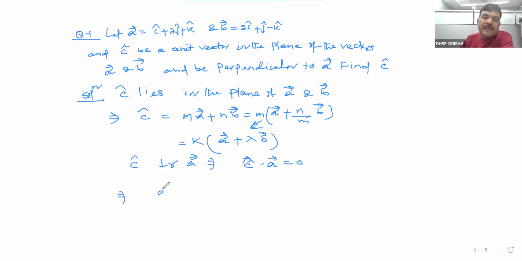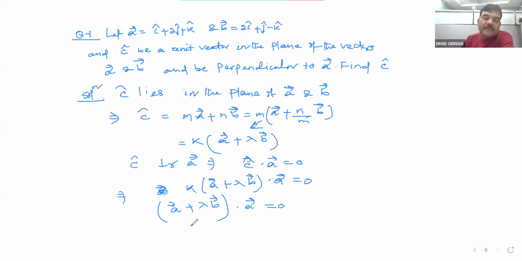Dot product is commutative, so K into A plus lambda B bar dot A bar is equal to 0. Since K is a non-zero constant, we can divide both sides by K, because the left hand side is a scalar quantity. So A plus lambda B dot A is equal to 0.